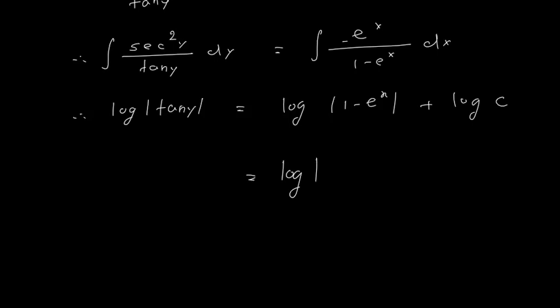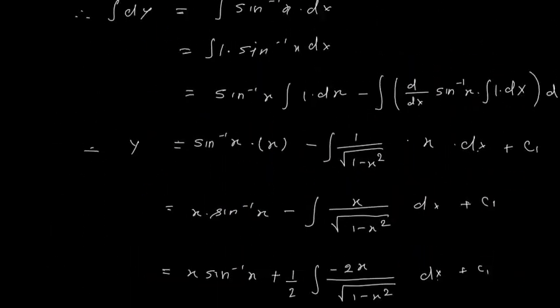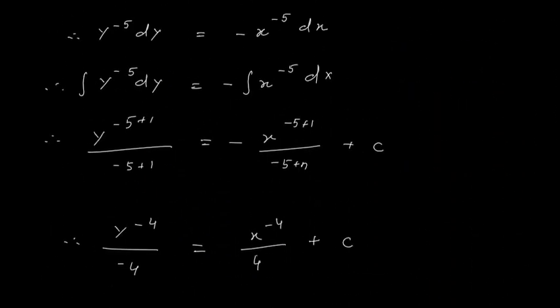So this becomes log of c into 1 minus e power x, and here it is log of tan y. So therefore I get tan y is equal to c into 1 minus e power x. Okay, so this is how we go for the general solution.